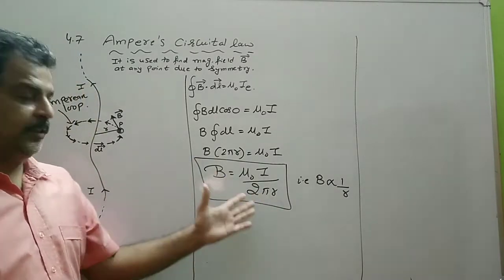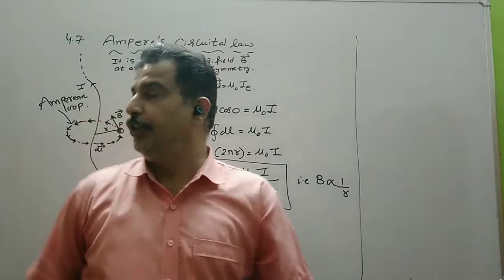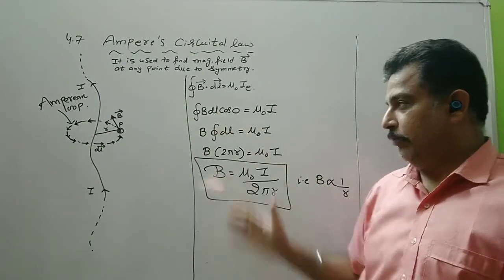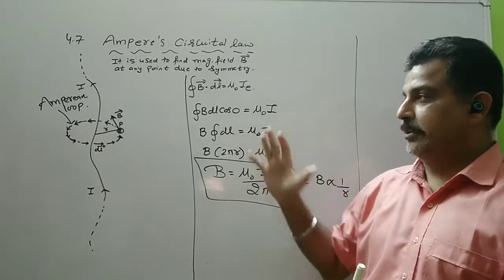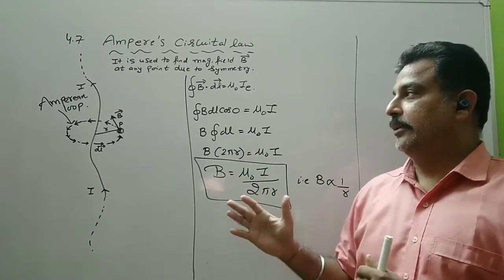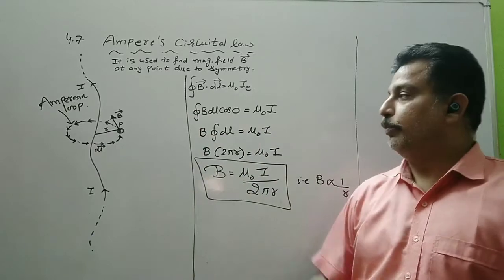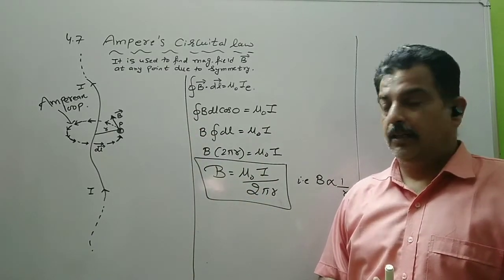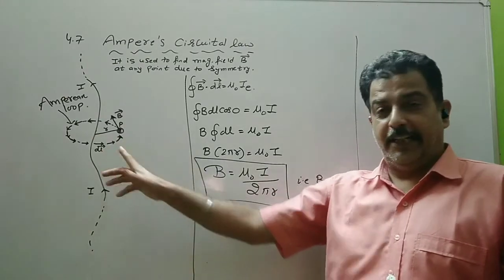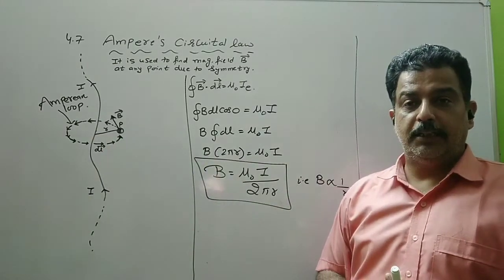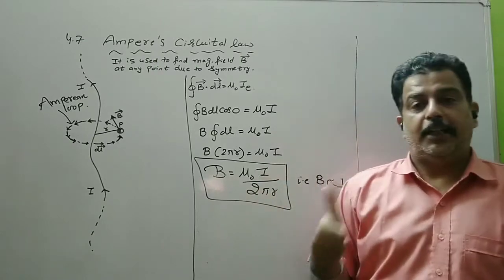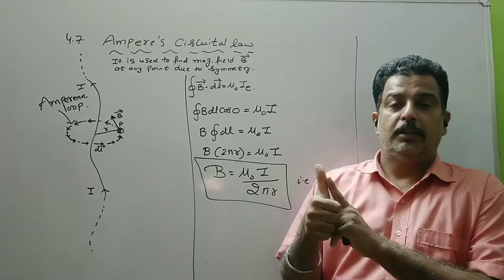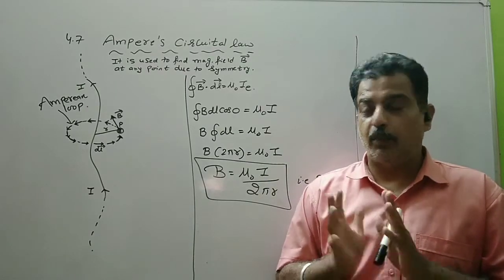So this is the magnetic field intensity due to an infinitely long wire. The convention and the steps should be clear: take first an Amperian loop, divide it into line elements, that is dl. The sense of this dl will give you the direction of the current, with the thumb pointing in the direction where the current should be taken as positive.